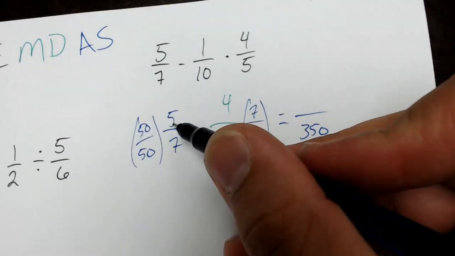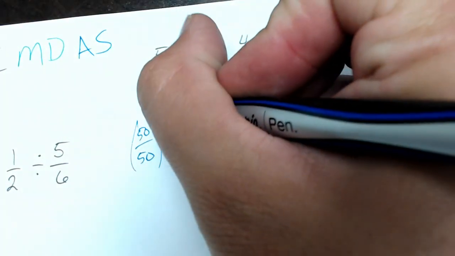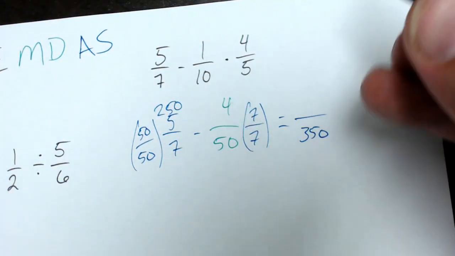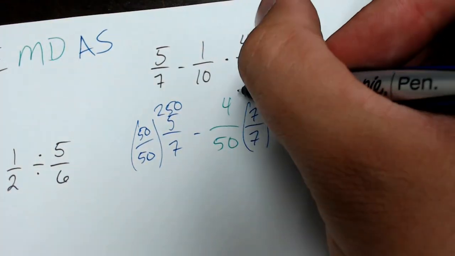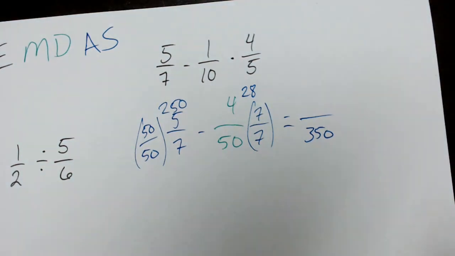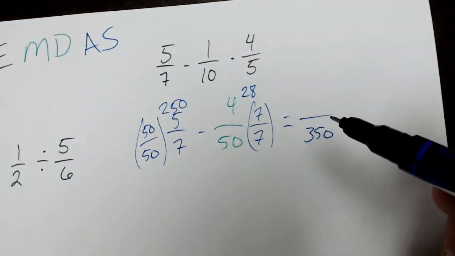Now 5 times 50 is going to be 250, or 5 times 5, 25, add the 0. Then minus 4 times 7, which is 28. So now I have to do 250 minus 28.